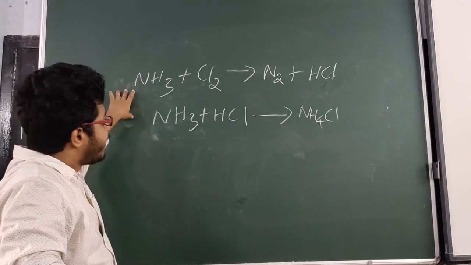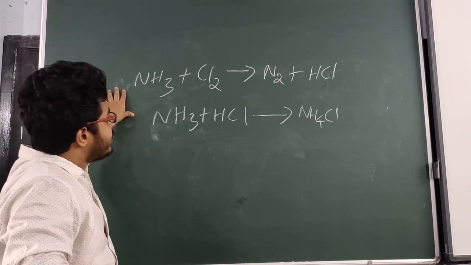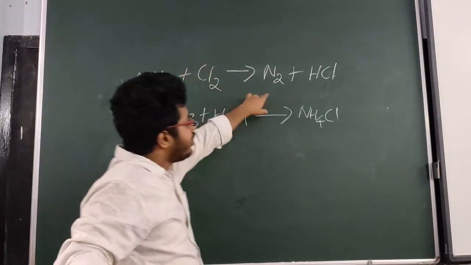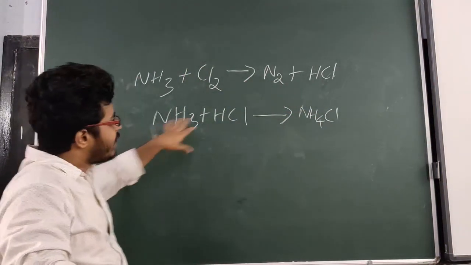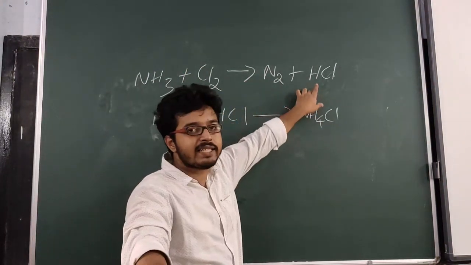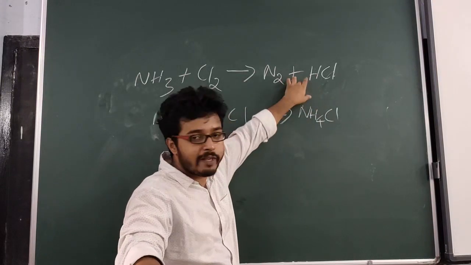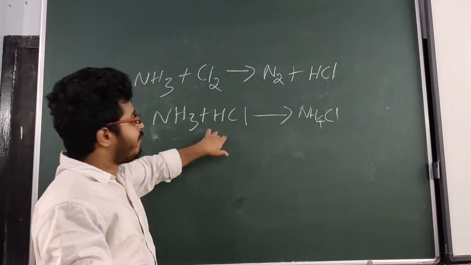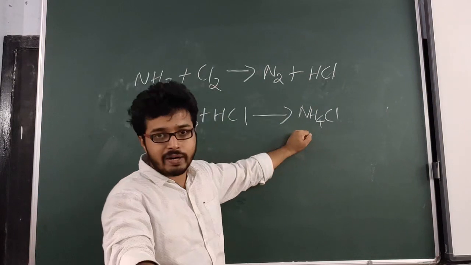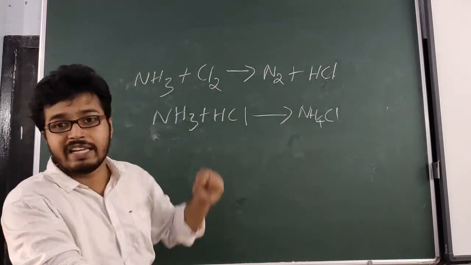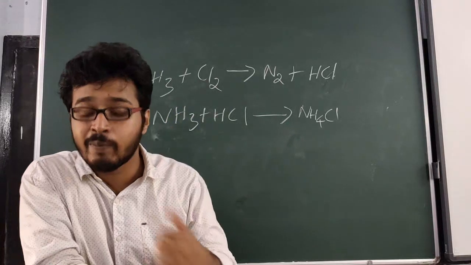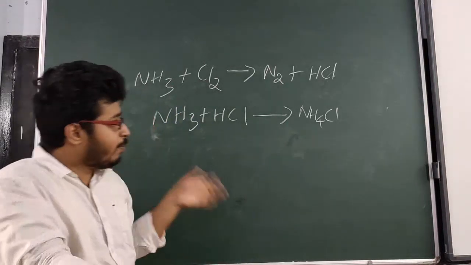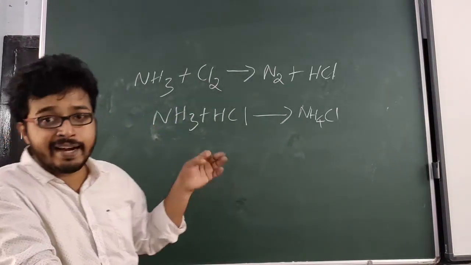If you take ammonia in excess, it will form N2 plus HCl, and the excess ammonia will react with all the HCl that is formed, giving ammonium chloride, the dense white fumes.